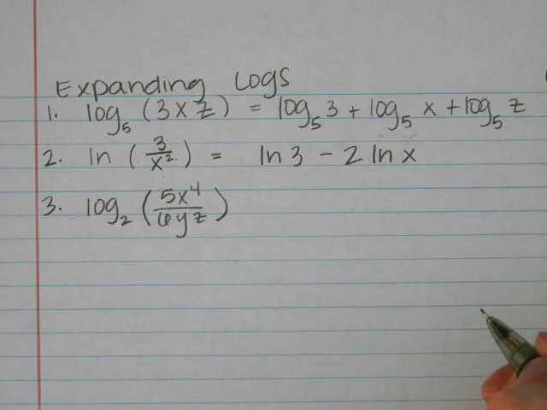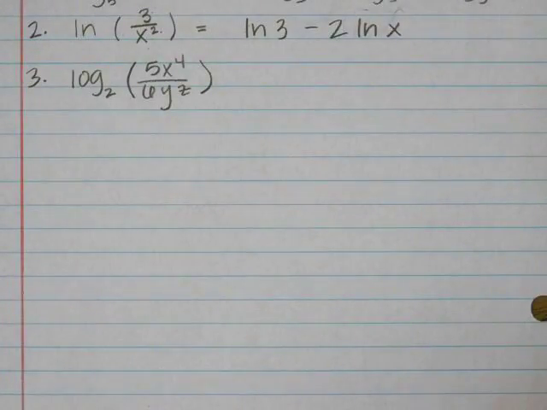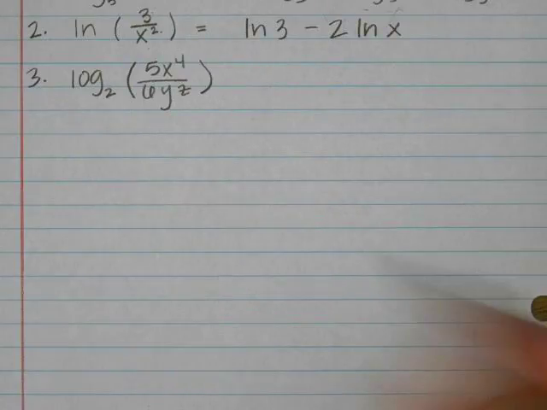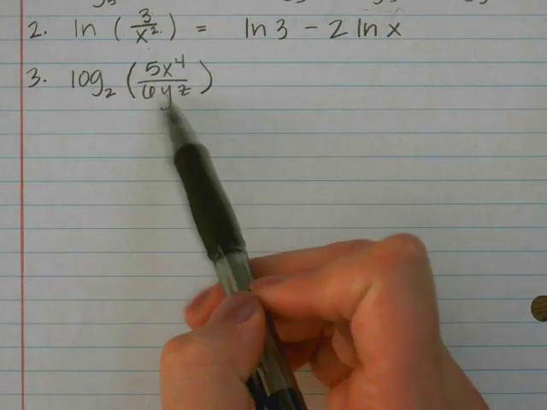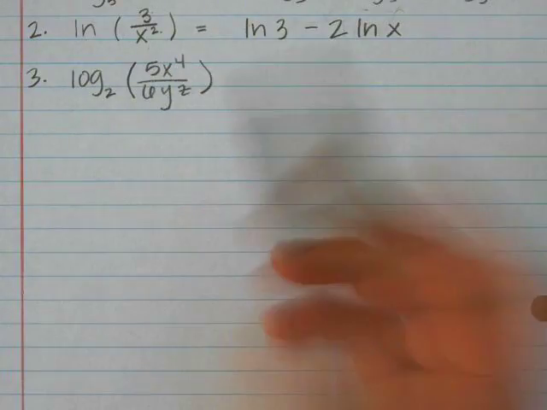Why are we going to write it 5 times? 1 for the 5, 1 for the x, 1 for the 6, 1 for the y. Yep. 1, 2, 3, 4, 5.